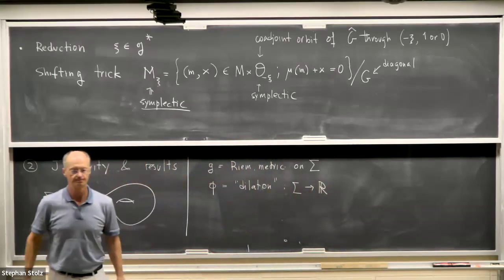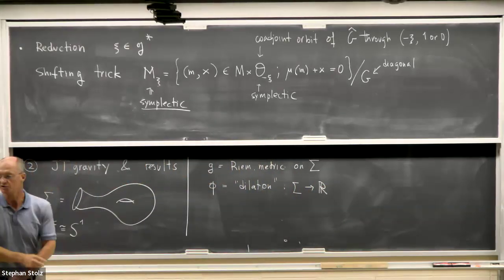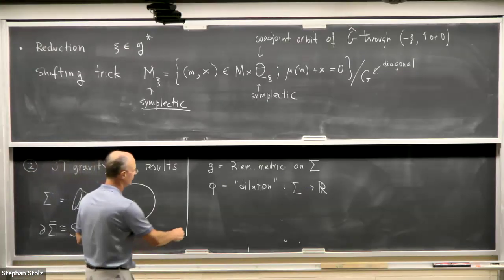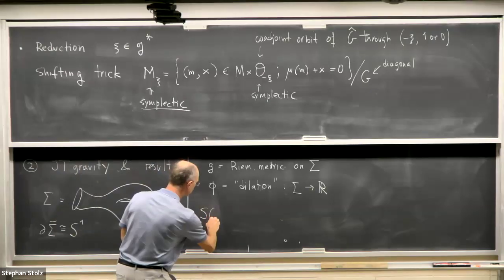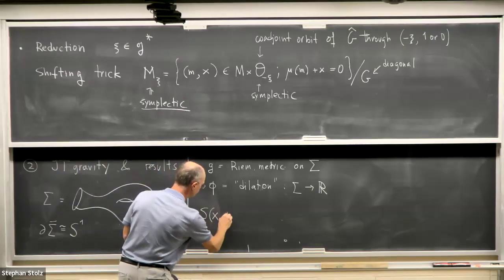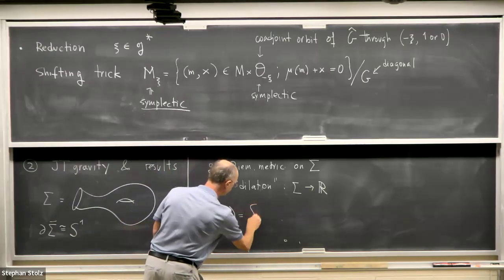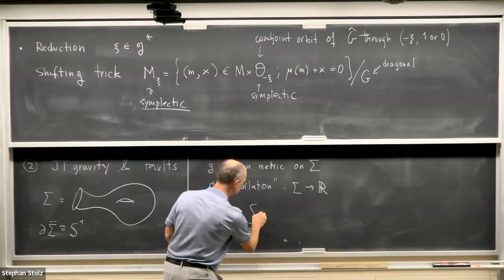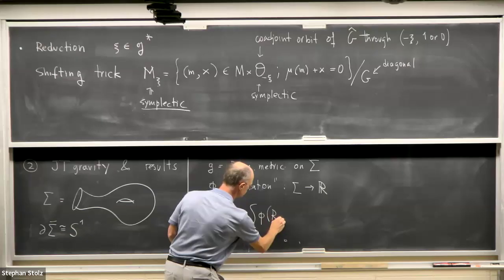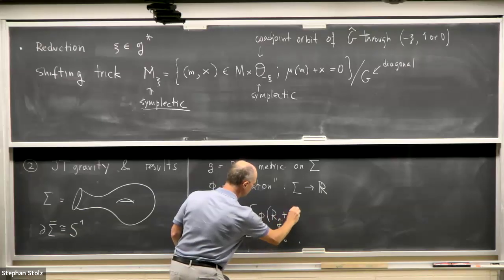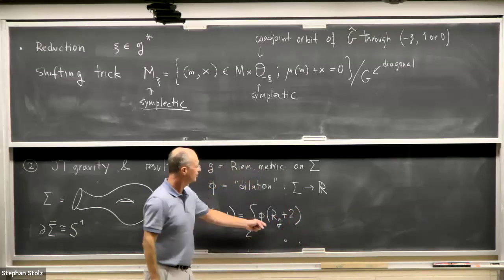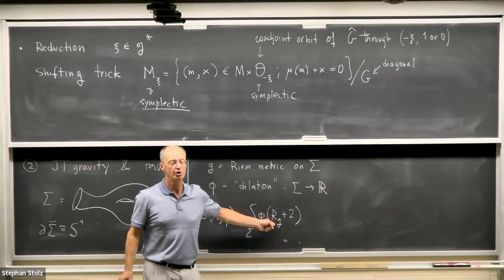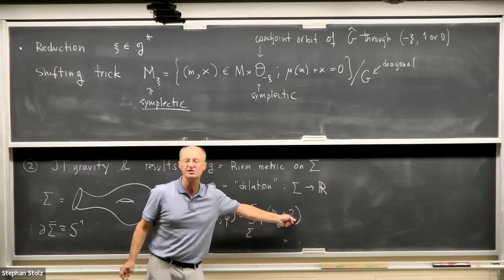A Lagrangian field theory is supposed to have an action functional. And the action functional S of g, phi is an integral over sigma. And here it's a rather simple functional. You take a product of phi times the curvature of your metric plus some constant.